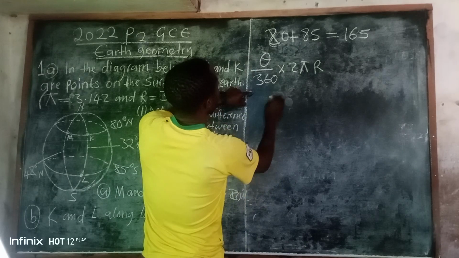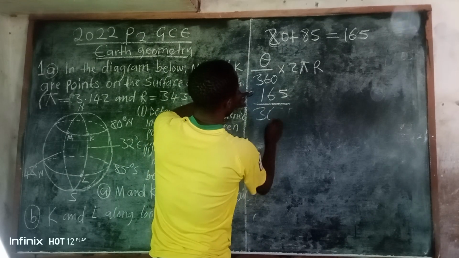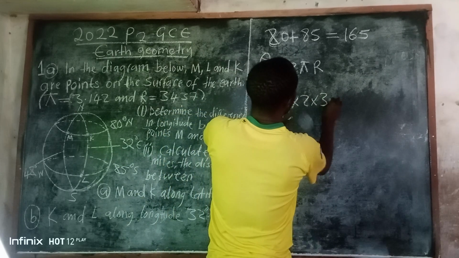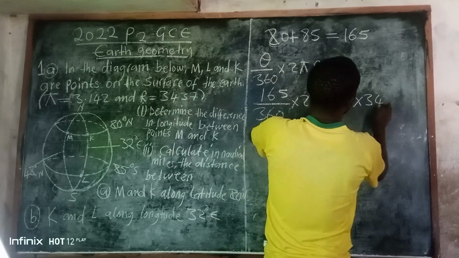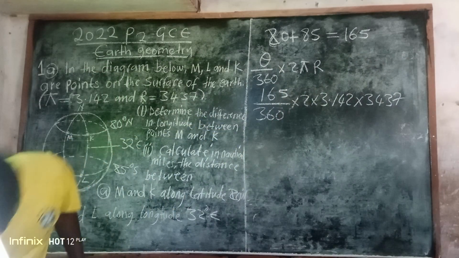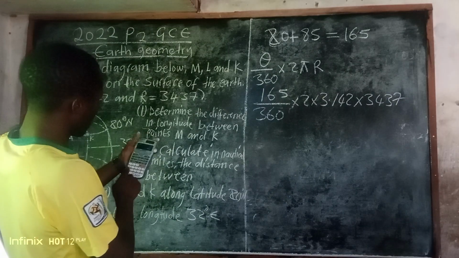So this one we have found is 165 over 360 times 2 times 3.142 times 3437. Okay? We get the calculator.